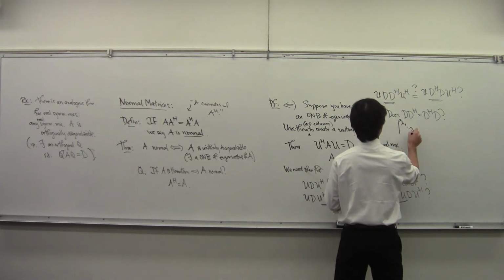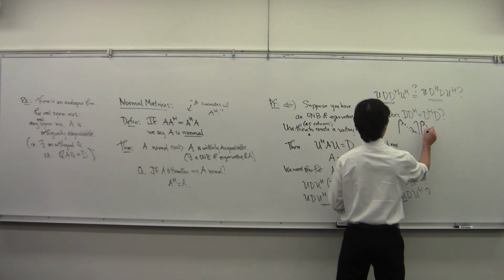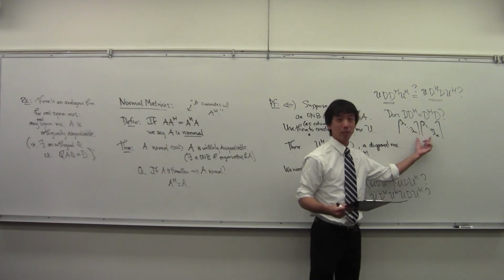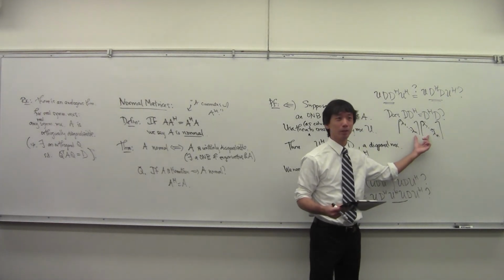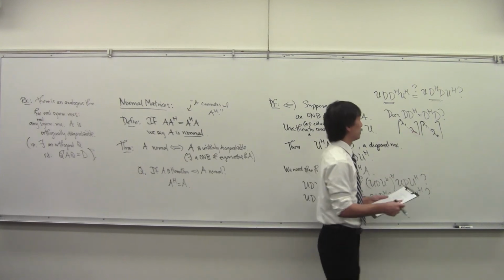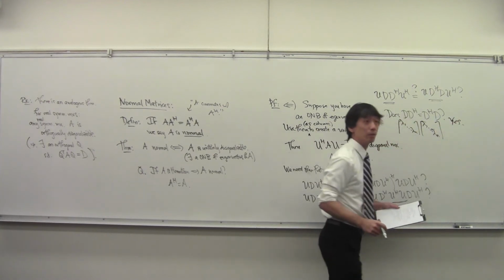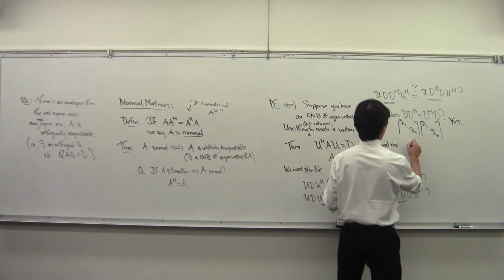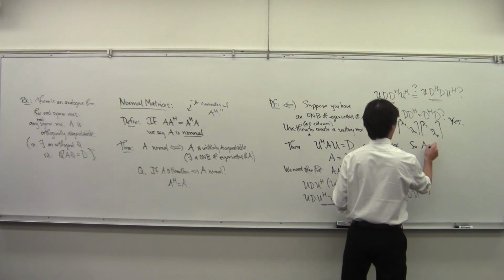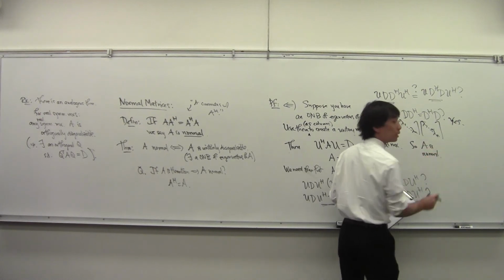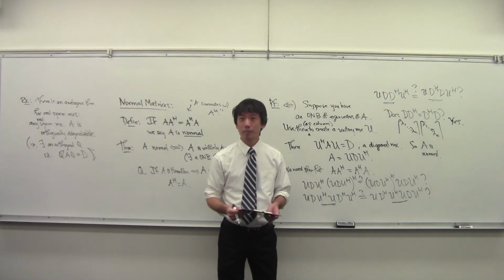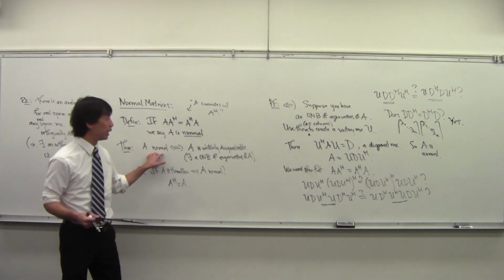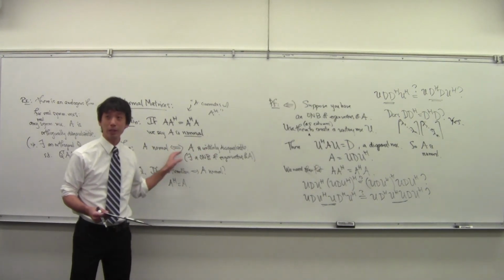If you take a diagonal matrix and multiply it by its conjugate transpose, is that the same as the product in the opposite order? That's definitely true. So the answer is yes, A is normal. Next time we'll show the opposite, that if you're normal, then you're unitarily diagonalizable.